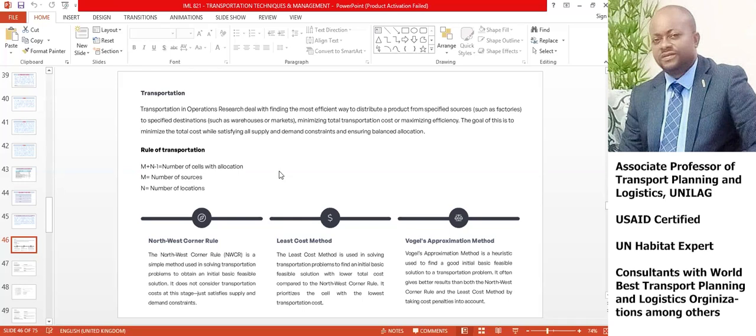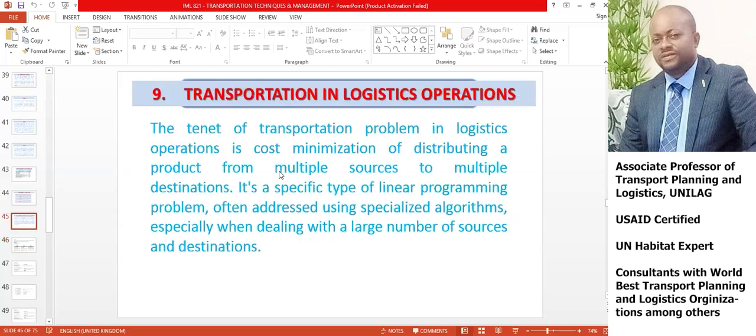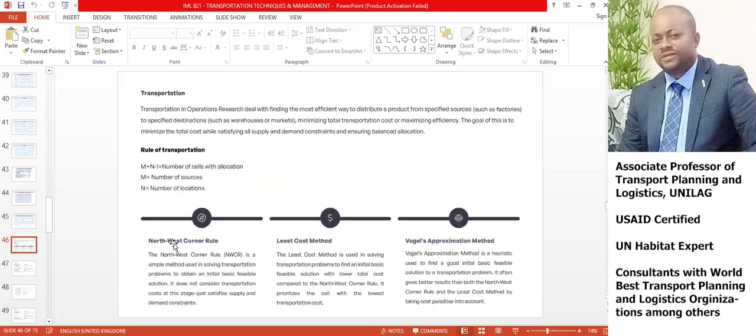Now, there are three methods of transportation logistics operation. The first one is what we call the northwest corner method. The second one is the least cost method. And the third one is the Vogel approximation method. The first one, just as the name implies, takes the direction of north to west to allocate.